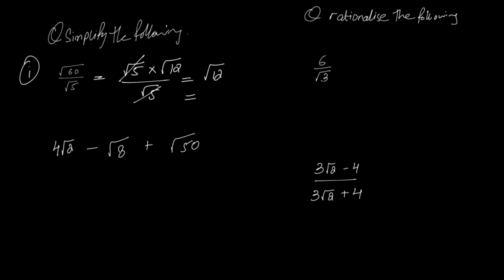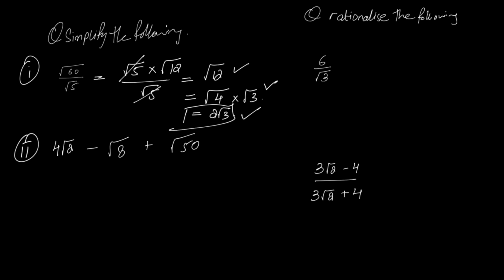But again, root 12 is not the simplest form, because it is root 4 into root 3, and root 4 is equal to 2. So the answer is 2 root 3. Now you'll say that you can use this in the calculator, but in some questions they'll say that you cannot use the calculator, and you'll have to show these specific steps to show that you haven't used your calculator. But obviously you can use your calculator and cross check if you've done correctly.